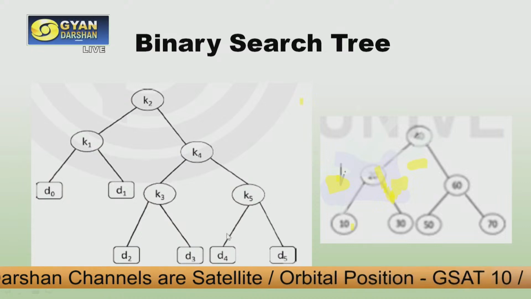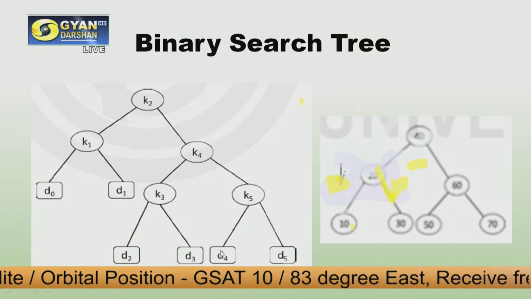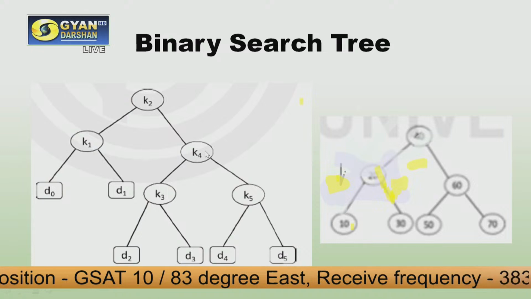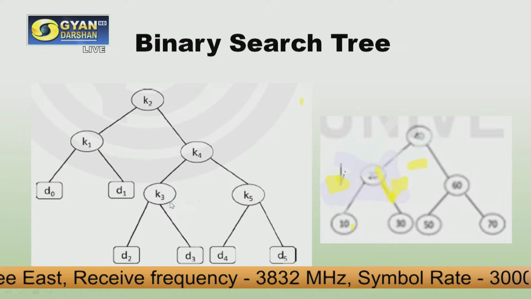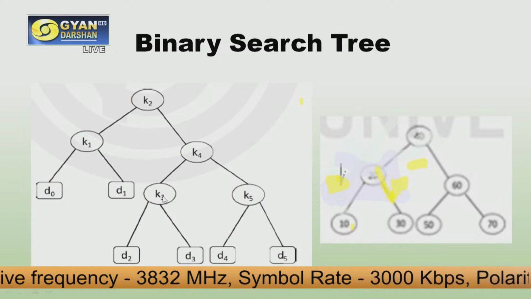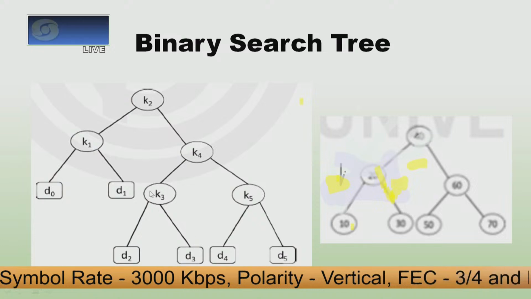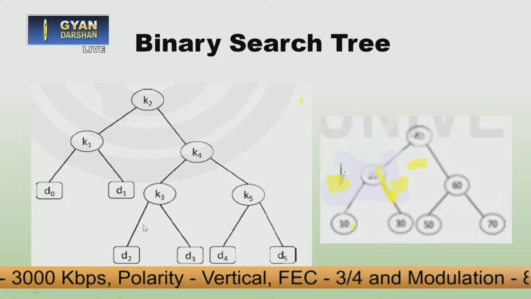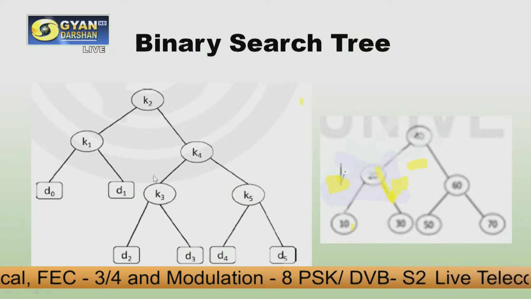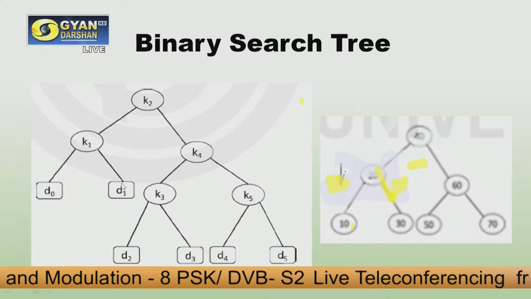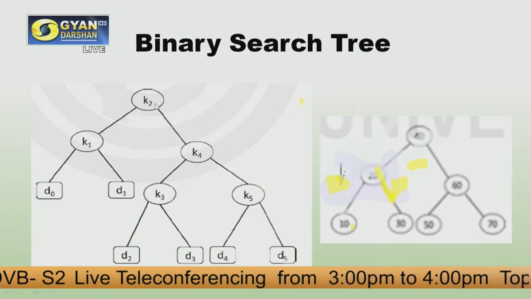That's why it is placed over here, to the right of K4 but left of K5. Similarly, D3 is less than K4 but more than K3. D2 is more than K2 but less than K3. And D1 is between K1 and K2.